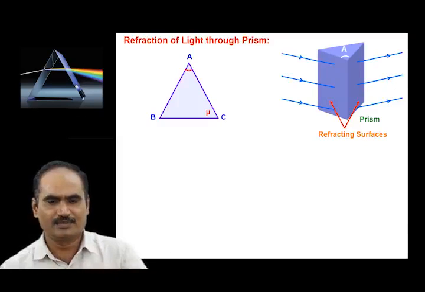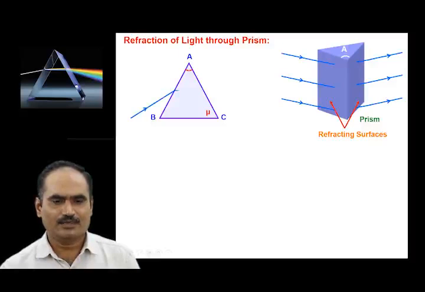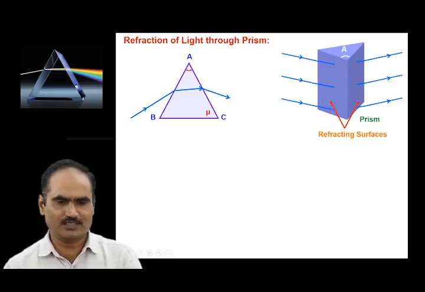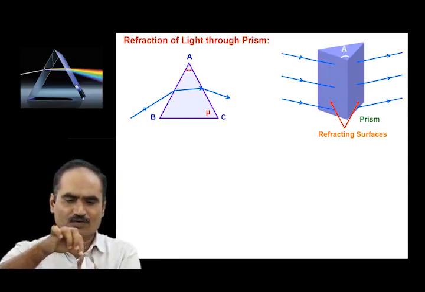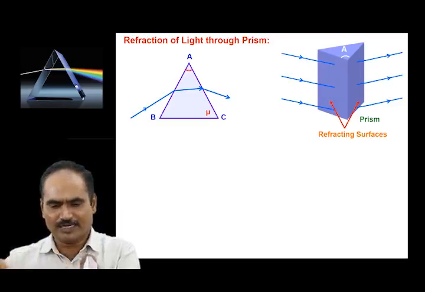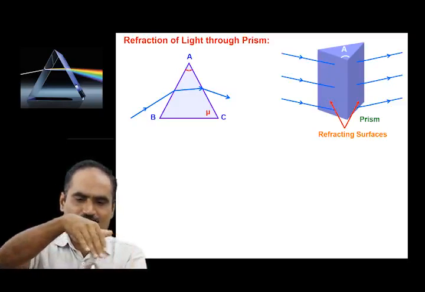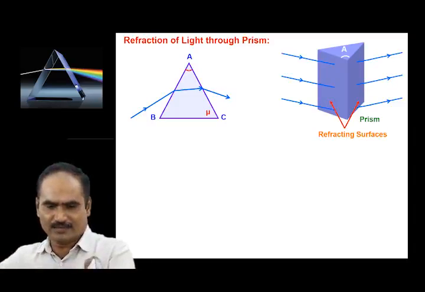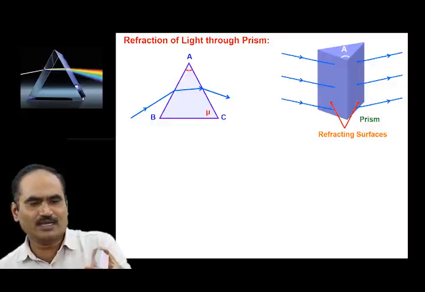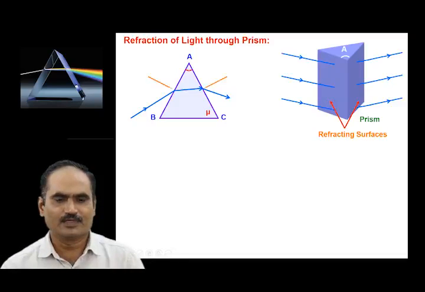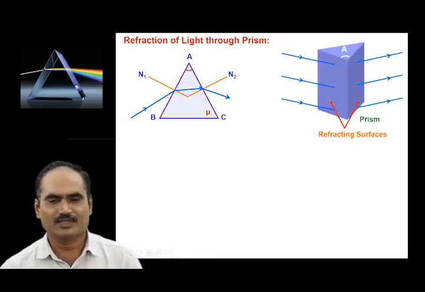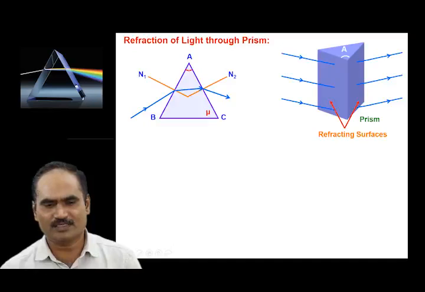ABC like this, right? Then if a light ray passes through this in this manner, it will undergo refraction, then it comes out like this, undergoing refraction again. So to see that, you have to see in this manner. This is the incident ray, this is the refracted ray, this is the emergent ray.